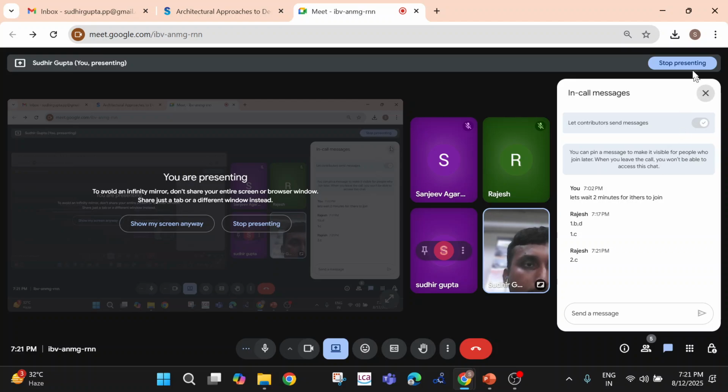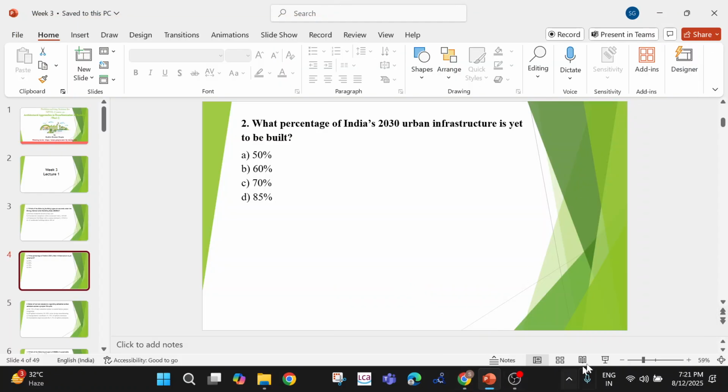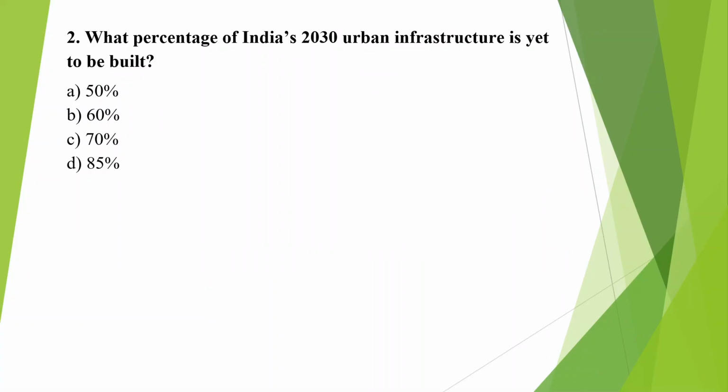As I can see, C has been opted, and it is good to know that C is the correct answer, where it was described that about two-thirds, or nearly 70%, of India's 2030 urban infrastructure, including sanitation, drinking water, electricity distribution, transport, and health services, is yet to be built, which is a major opportunity to reduce embodied carbon emissions. So you have opted for the correct answer. I hope you have studied the slides well.